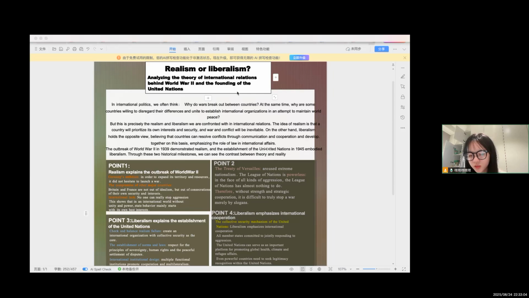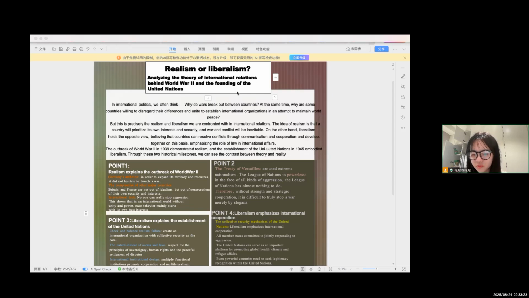International weakness: there was no united power to stop aggression. This shows that in a war without a strong United Nations, states act mainly in their own self-interest.